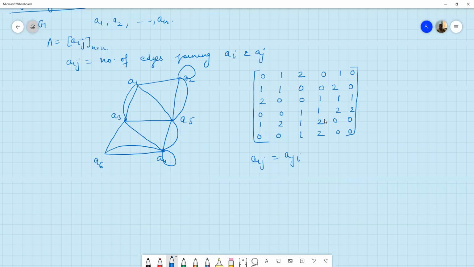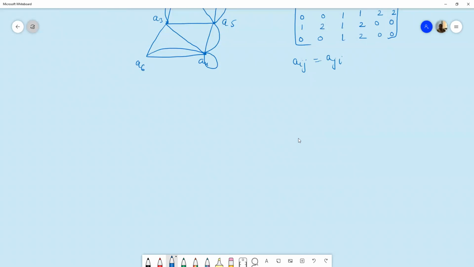So we can now say that the sufficient condition for G and G dash to be isomorphic is that their adjacency matrices are the same.